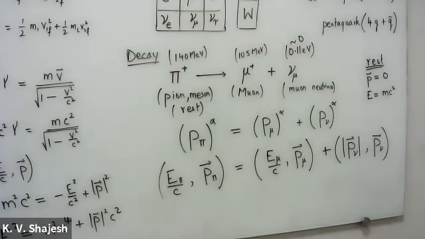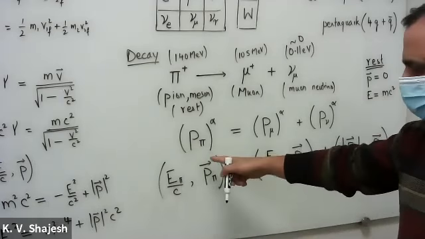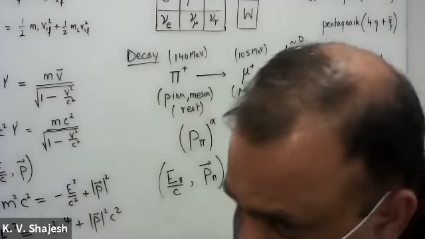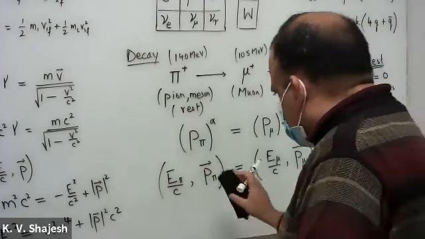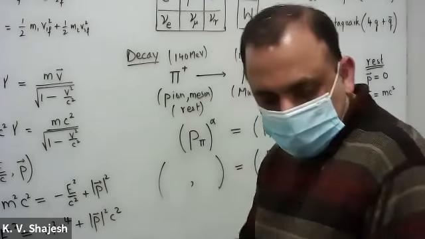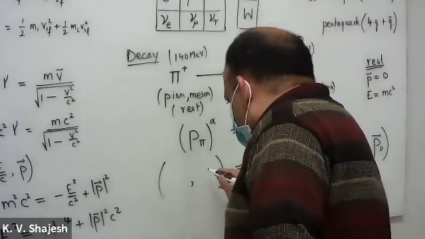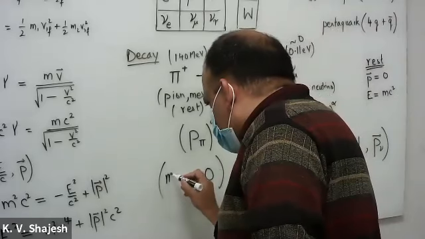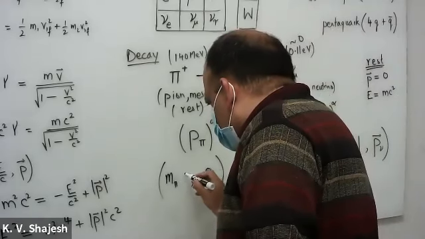It's completely due to its mass. So let's choose this to be at rest. So there is a simplification here that this is actually 0. And this is basically the mass of the particle times c.